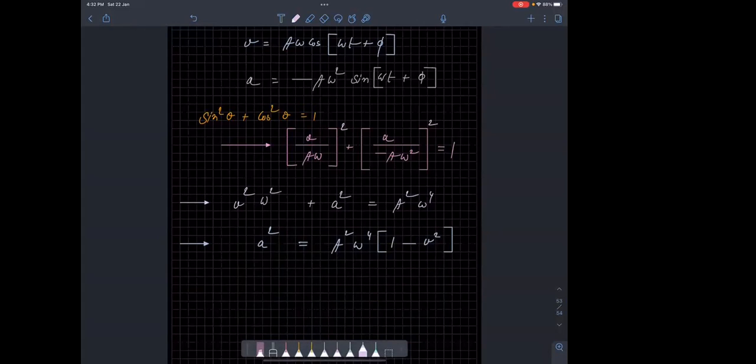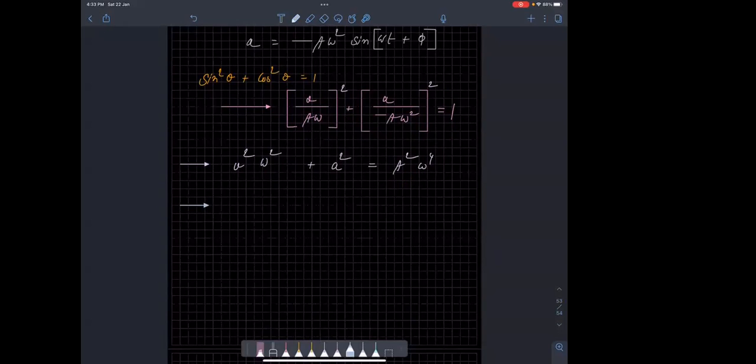If you take LCM, you'll get only omega, I think, right? Check it. There is an omega on the term on the left and an omega square on the term on the right. So the only thing extra is omega. That will go and multiply here, and it will get squared because we have squares on both sides. So you'll get v square omega square here, and the LCM will be omega square, which is squared. So it will become A square omega power 4 and it will go that side. So this is the correct thing, right?